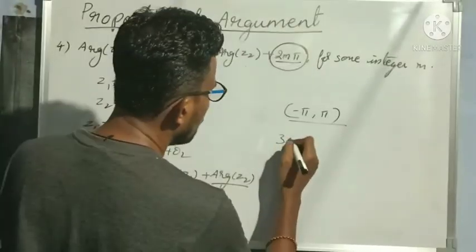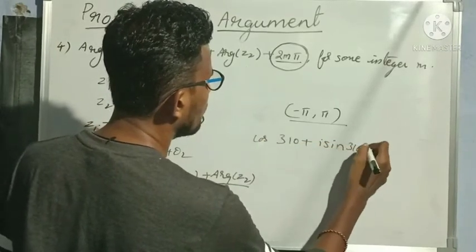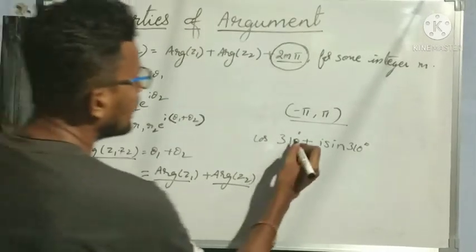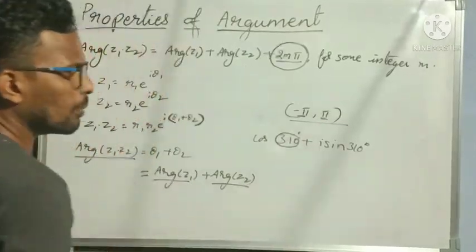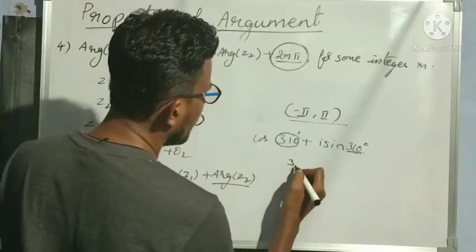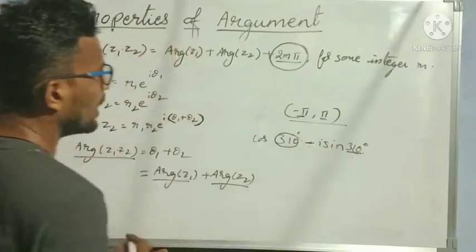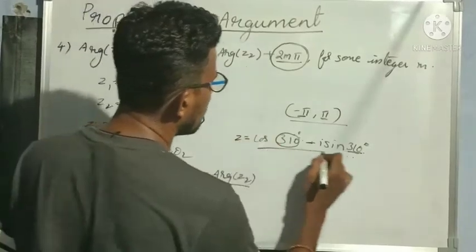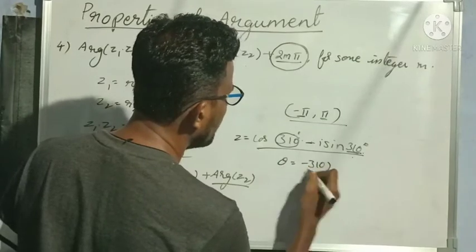Already in the example I have said cos 310 degrees plus i sin 310 degrees, right? So 310 degrees is more than 180. Either minus 180 or plus 180 should be our principal value, but this is more than the principal value. Then what we did on that day, we took minus i sin of 310 degrees, and like this we got some complex number z, and in that case we got theta equal to minus 310 degrees.